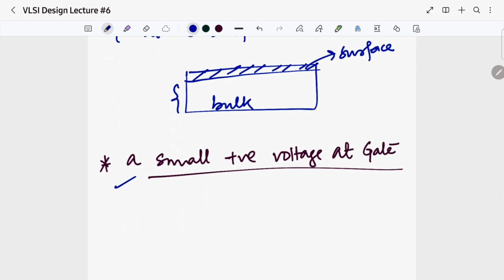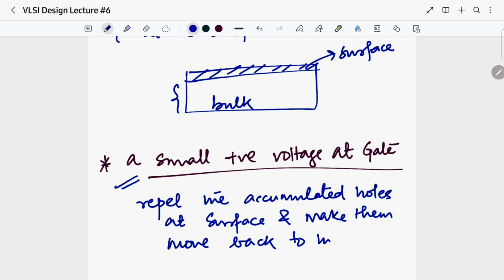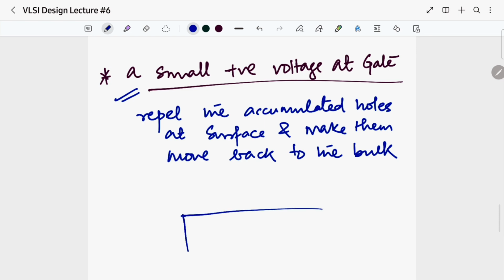So the moment I apply the small positive voltage at gate, it will repel the accumulated holes at the surface and make them move back to the bulk.